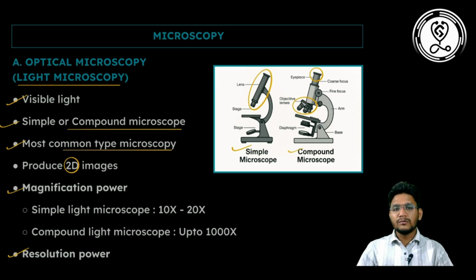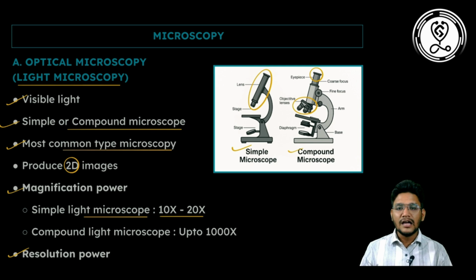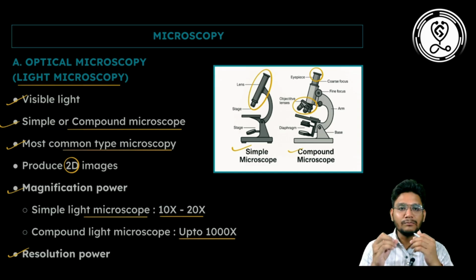Okay. So if we talk about the magnification power of a simple light microscope, it is 10 to 20 times. Means the simple light microscope can enlarge the image of an object up to 10 to 20 times only, not more than this. Okay. While the compound light microscope has a magnification power up to 1000 times, means it can enlarge the image of an object up to 1000 times, right?